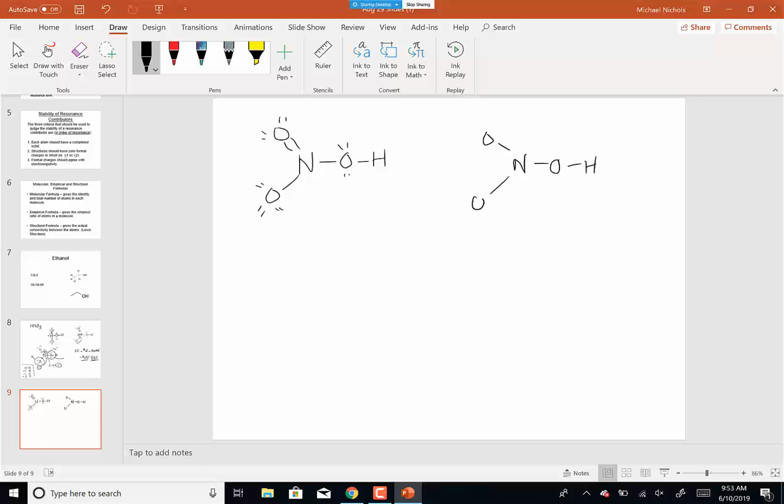None of the atoms can be moved. I already put in the single bonds, I can't move the single bonds. Maybe I can move lone pairs, maybe I can move multiple bonds, but that core structure has to be the same. So what other structure could I draw?